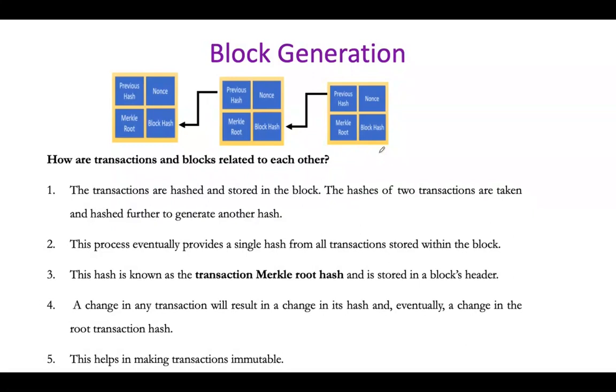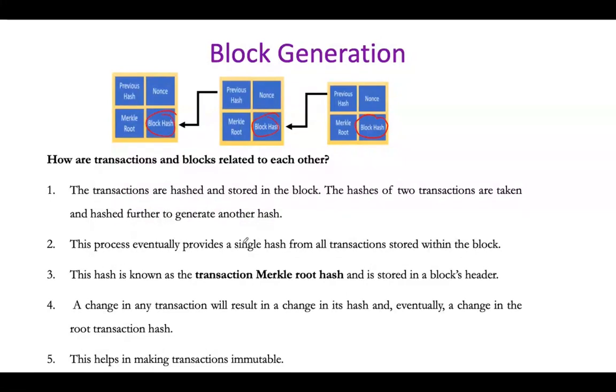As we said, let us see how transactions and blocks are related to each other. Suppose for generating a block, first of all, what happens? The transactions are hashed first, and those transactions are stored in a block, like block 1, block 2, block 3. So in every block, transactions are hashed first.